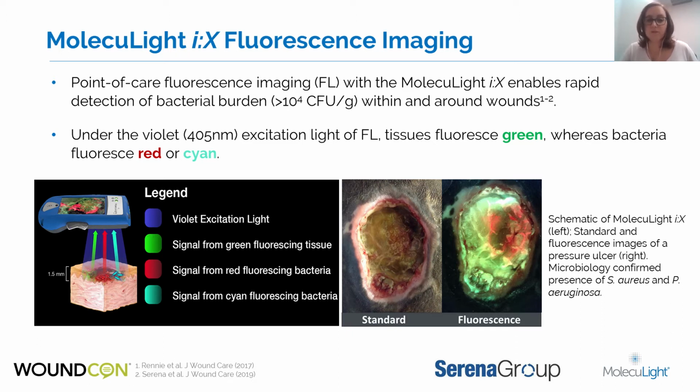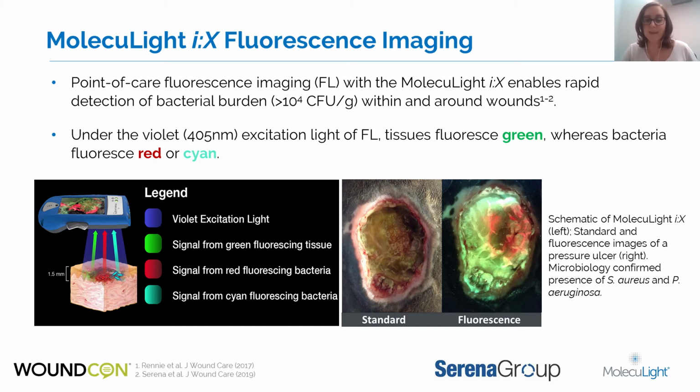Many of these colors are filtered out by special filters within the device, and the colors that remain are primarily green, which comes from tissue and specifically matrix components in the tissue, whereas bacteria uniquely fluoresce red or cyan with a very high predictive value.